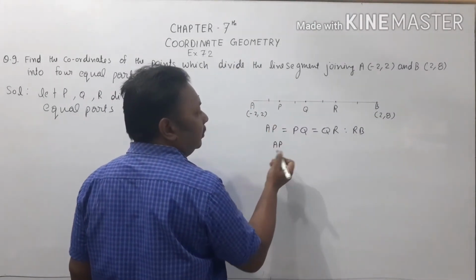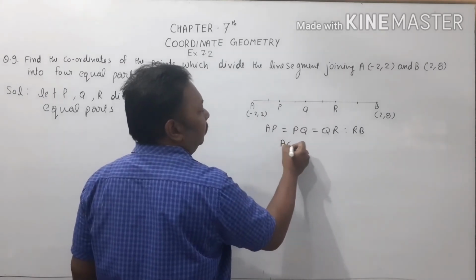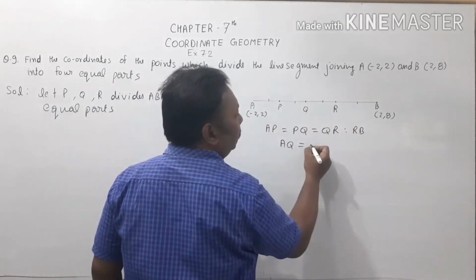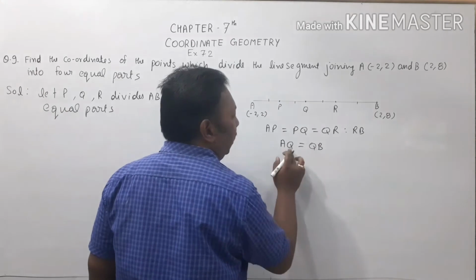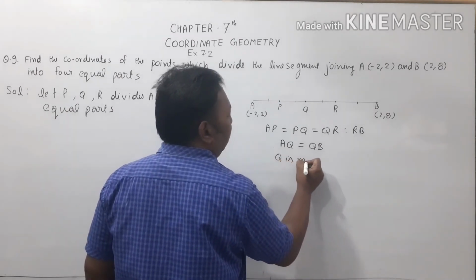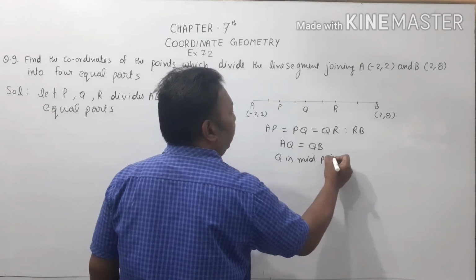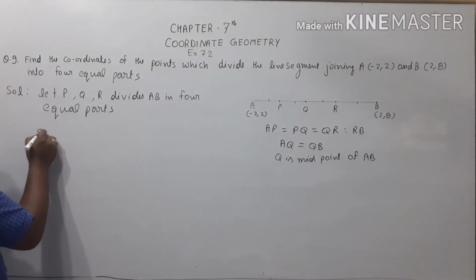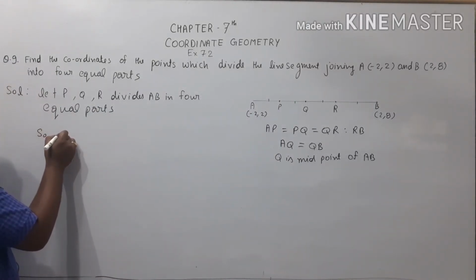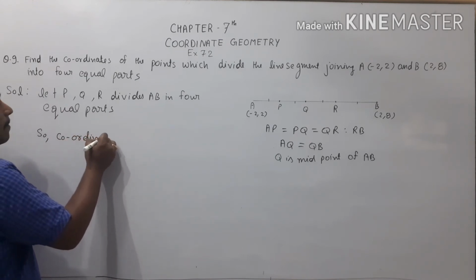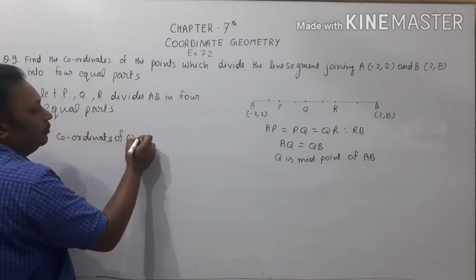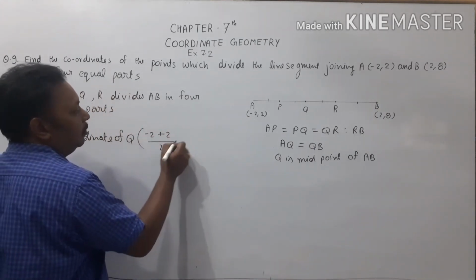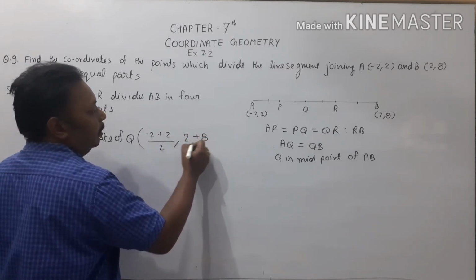So if we take AQ, AQ is 2 parts, and here we take 2 parts, so AQ is equal to QB. It means Q is the midpoint of AB. So we find the coordinate of Q: ((-2 + 2)/2, (2 + 8)/2).